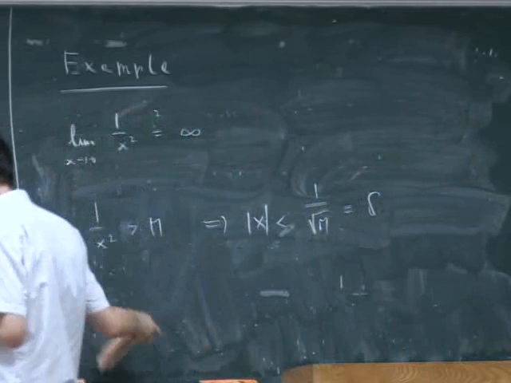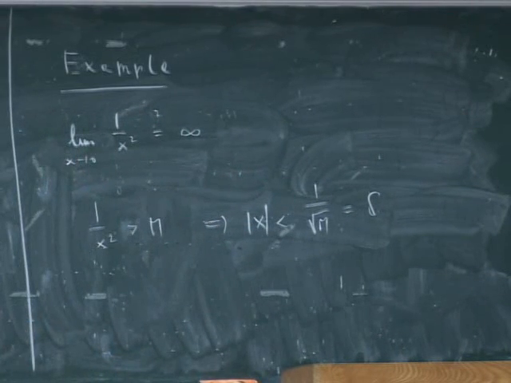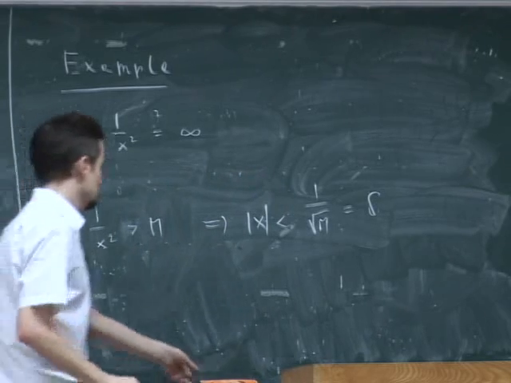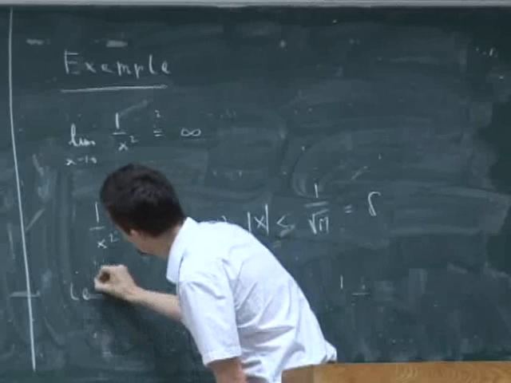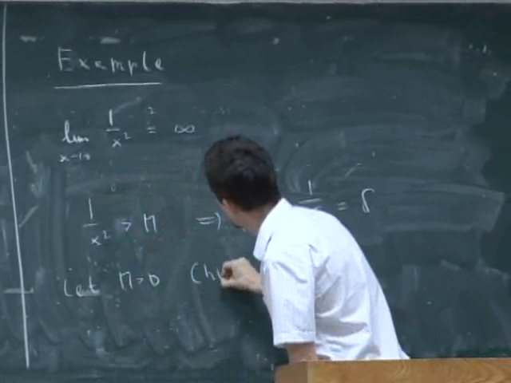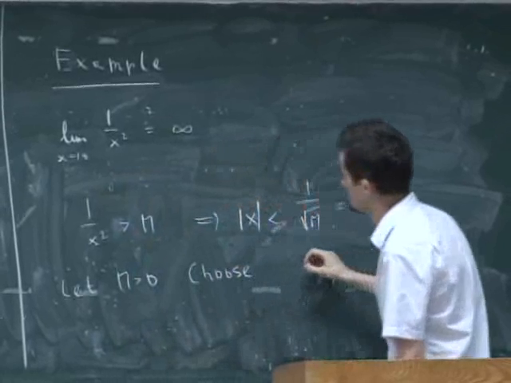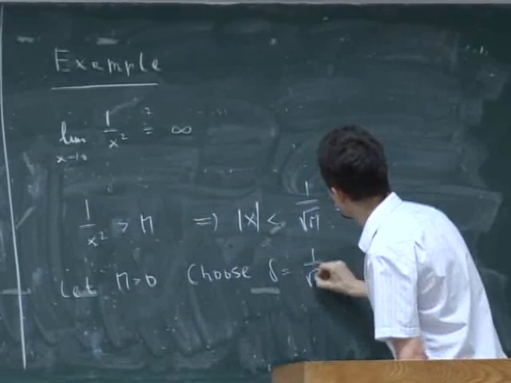But again, what I do here is I guess the delta, and now I can write everything down precisely. So let m be larger than 0. Choose delta to be equal to 1 over the square root of m.